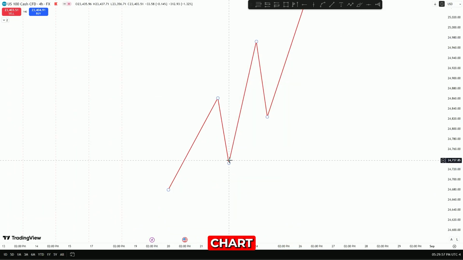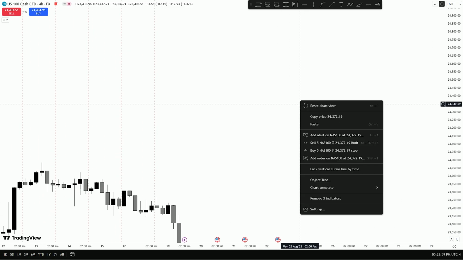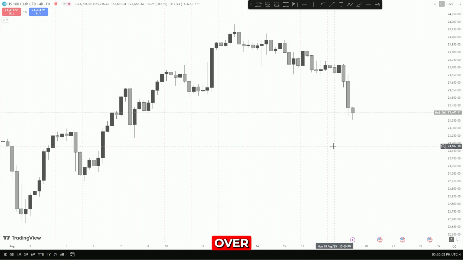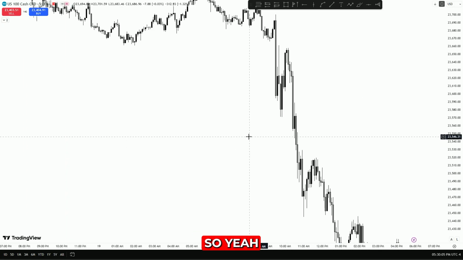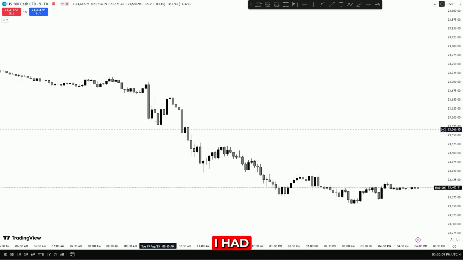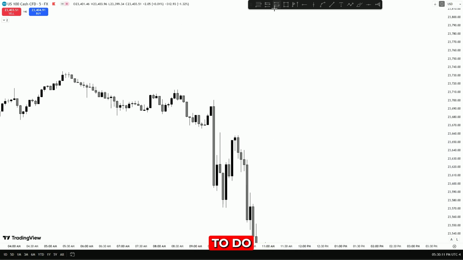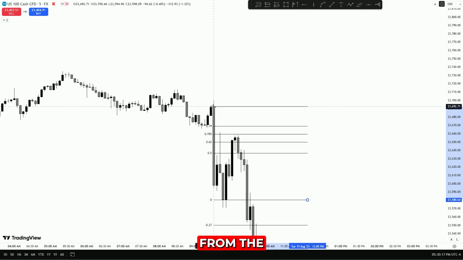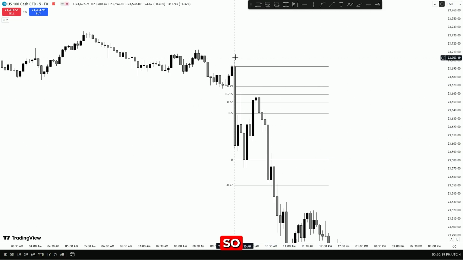Now I'm going to place that in charts and let you know. We're going to move towards some smaller time frames. Let's go with the 5-minute. Here we have the trend, and I don't know where to enter. So I'm simply going to place the optimal trade entry from the previous leg. This is the high and this is the low that we created before moving up.